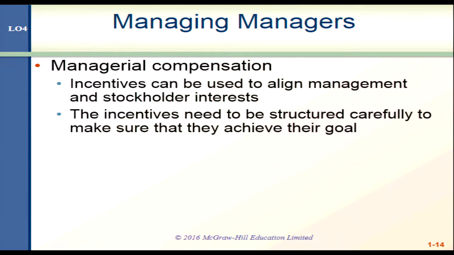The incentive needs to be structured carefully to make sure that it achieves the overall goal of both parties, i.e., the owners and the management, the principal and the agent. By aligning the two, it brings about goal congruence, and that will enhance the achievement of the overall goals.